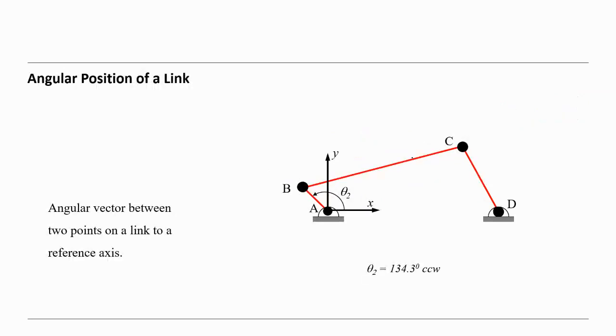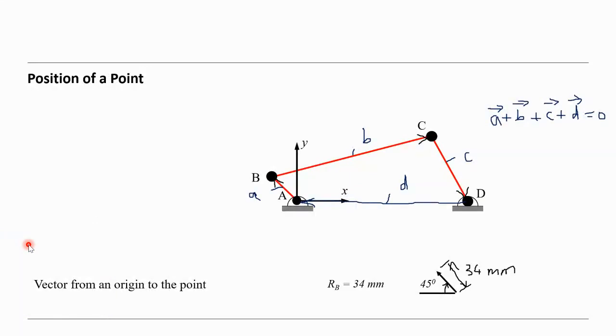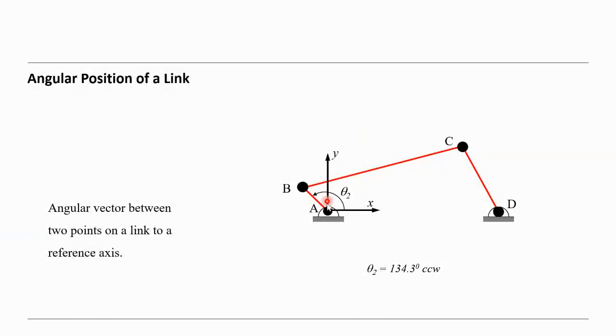Then let's continue. So angular position of a link. So this is the angular position here. That means here we set the position of a point. So let's say there's a point B. In order to define the position of a point B, we need the magnitude as well as the angle.